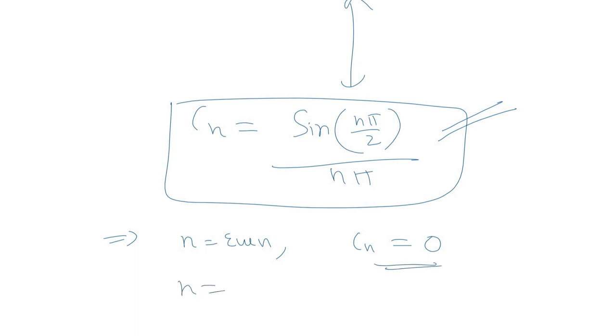And when n is odd, that means when the values of this Fourier series coefficient would exist, we can find out the coefficients like c1 or c minus 1, c3, c minus 3, c5, c minus 5, and so on, right? You can find out such values of the Fourier series coefficient.